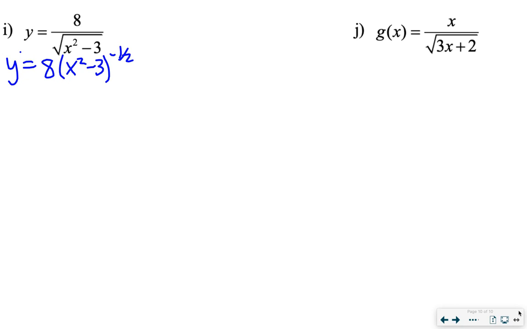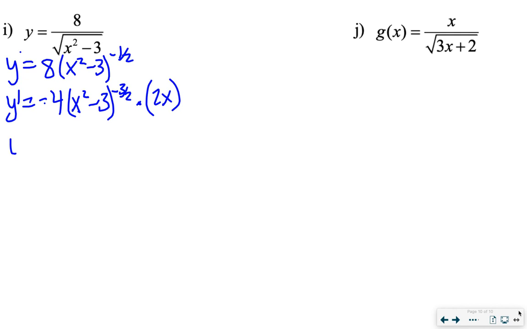Use my power rule, so I get y prime negative 4 (x squared minus 3) to the negative 3/2 times the derivative of x squared minus 3, which is 2x. So I get y prime is equal to negative 8x over the square root of (x squared minus 3) cubed.